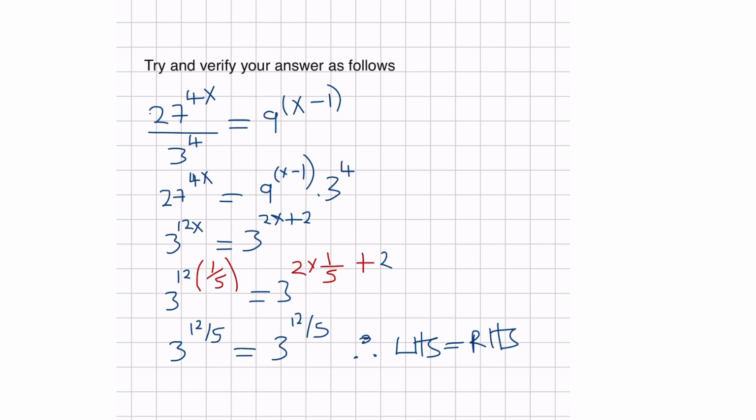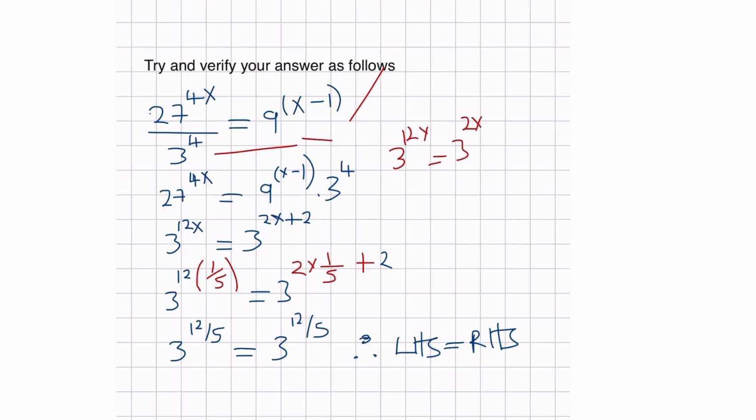To prove that x equal to 1 over 5 is indeed the correct answer, we have the simplified form. Remember that we ended up with 3 to the power of 12x equal to 3 to the power of 2x plus 2.